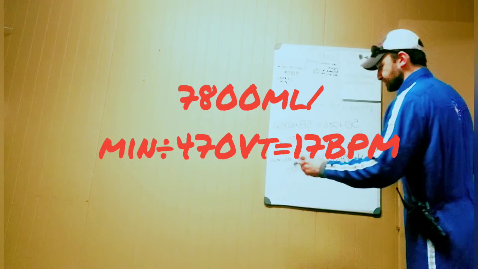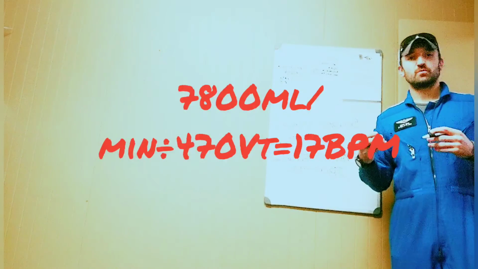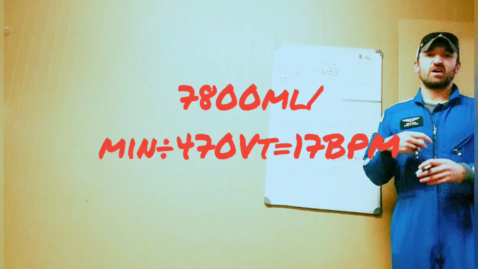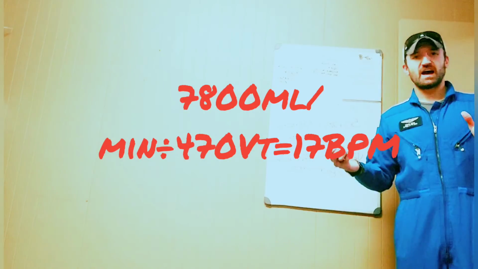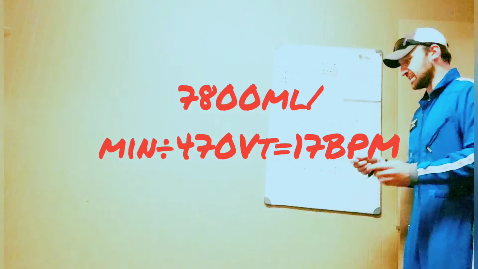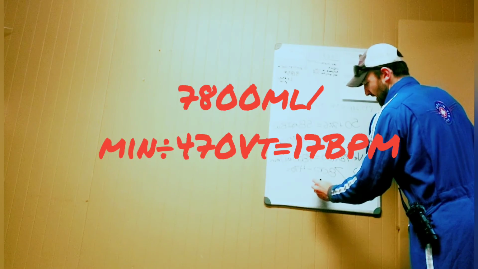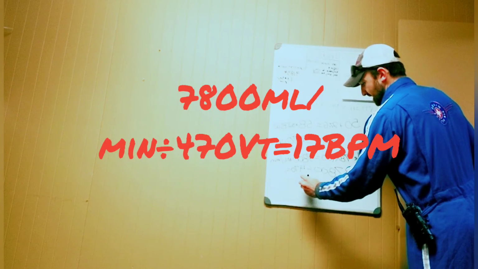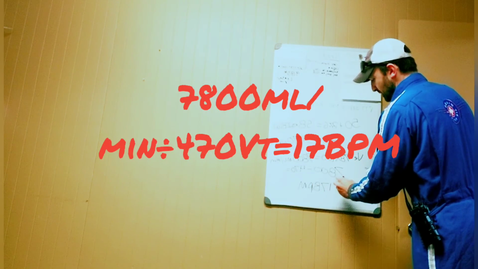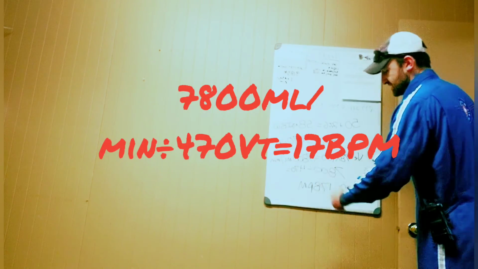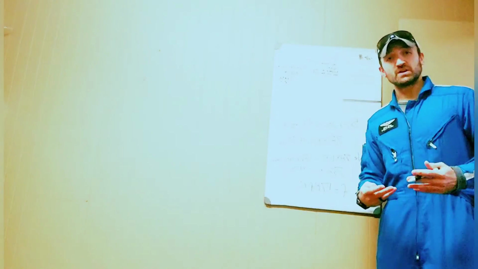And that is going to give us a respiratory rate of 16.5 something. So we'll round that up to 17, okay? So that's going to be 17 breaths per minute, or a frequency of 17. Okay, so those are our settings.